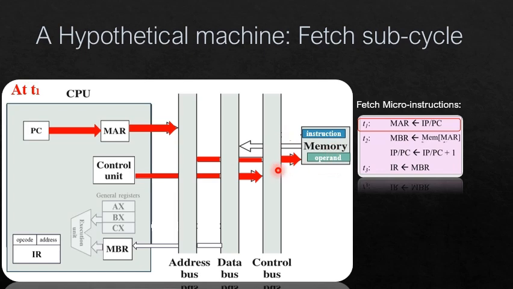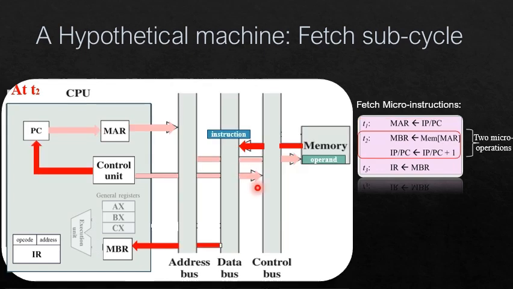So when the PC copies the program counter, or the first instruction address, to the MAR and then to the address bus, this address will keep moving to the memory, and the memory will know what location is being requested by the CPU to get the instruction.